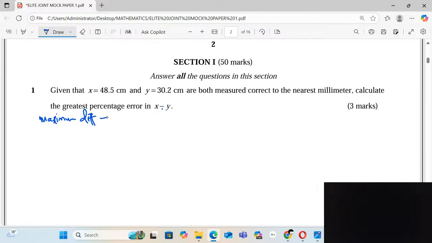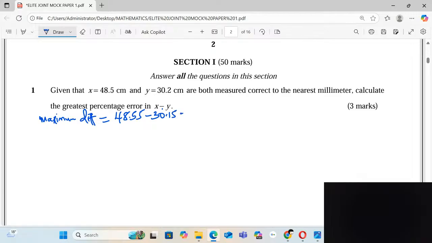Here we take the maximum of 48.5, which is 48.55, minus the minimum for 30.2, which is 30.15.